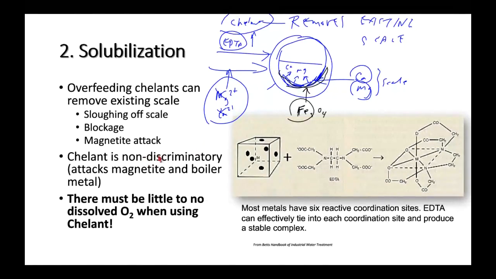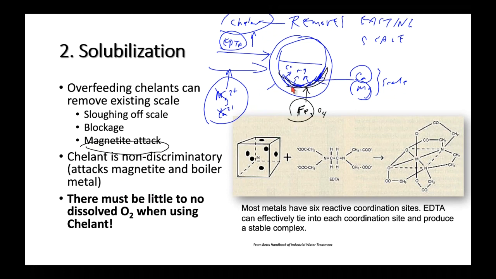So chelants are non-discriminatory. They will attack iron, they will attack calcium, magnesium, whatever metal is around. So we have to be very, very careful if we are overfeeding chelant in order to remove scale. Okay, very, very careful, because we don't want magnetite attack.